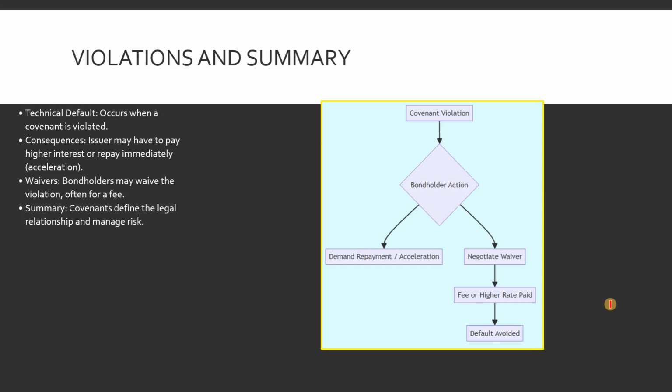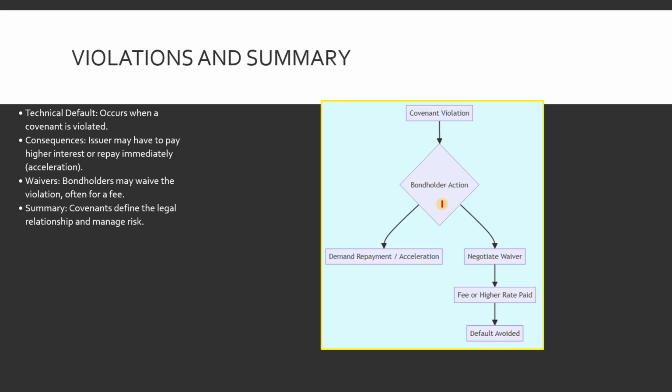We learned that the indenture is a contract, affirmative covenants are duties, negative covenants are restrictions, and they vary by credit risk. Covenants are the mechanism that forces issuers to come to the table and negotiate when financial health deteriorates. So if a covenant violation happens, the bondholder takes action.